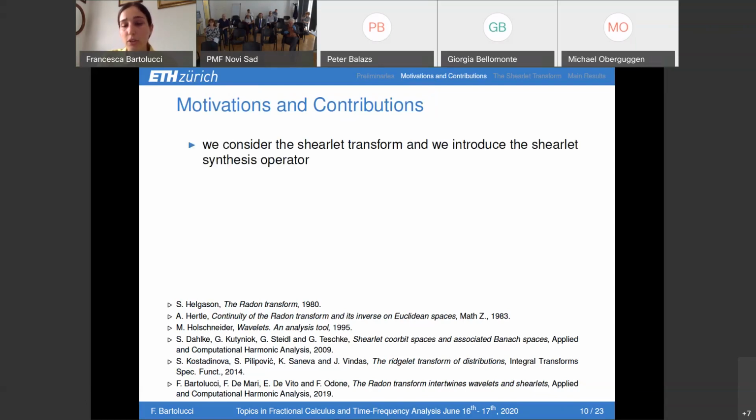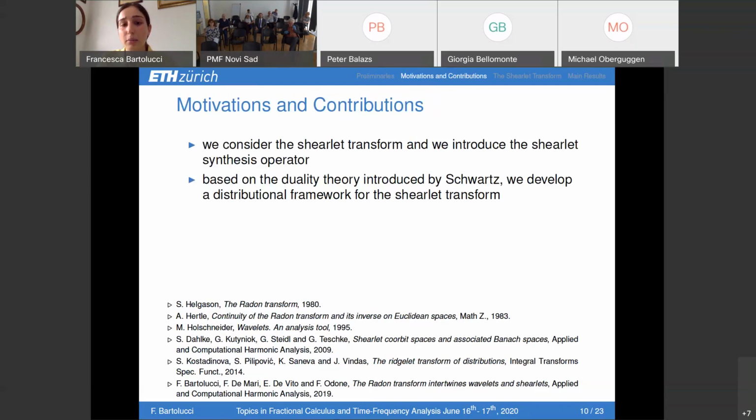So the idea is to consider the shearlet transform and its adjoint, the so-called shearlet synthesis operator, and based on the duality approach given by Schwartz, we develop a distributional framework for the shearlet transform.